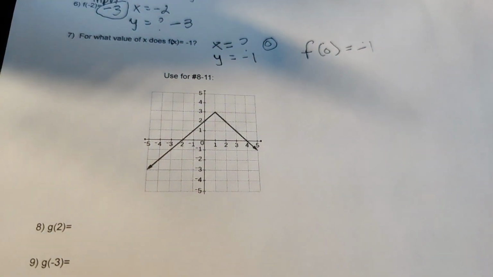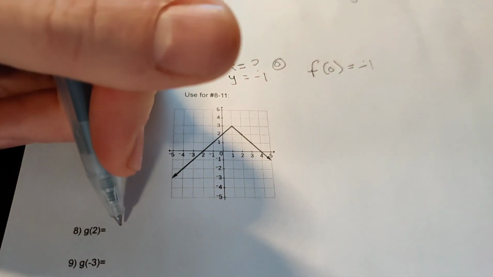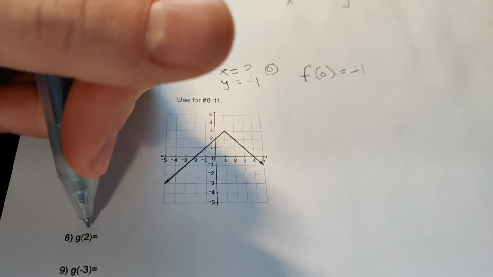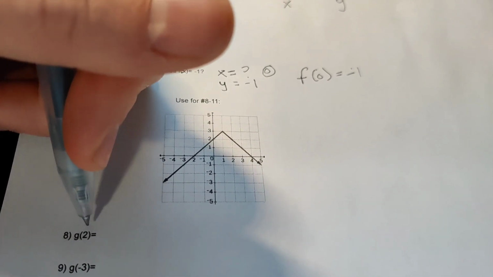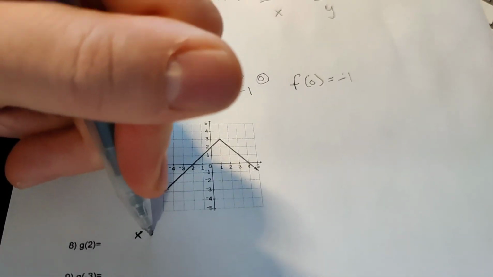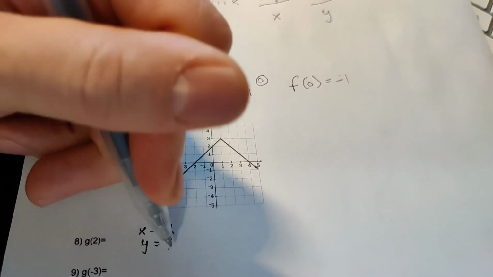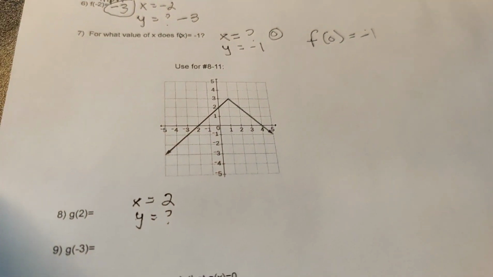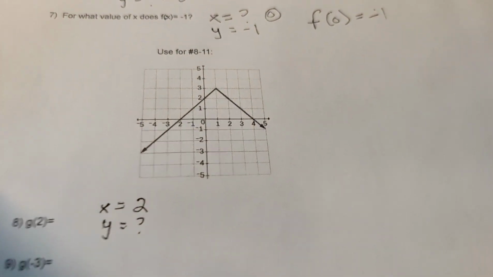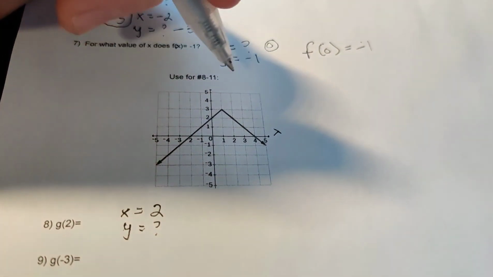Okay, welcome back. All right, let's go over 8 and 9. So g of 2, this is going to be an input, all right, because it's inside the parentheses. So that means x is 2, and we need to know y. All right, let's go over to the graph. We're going to look for 2 on the x-axis, all right? X-axis is over here.